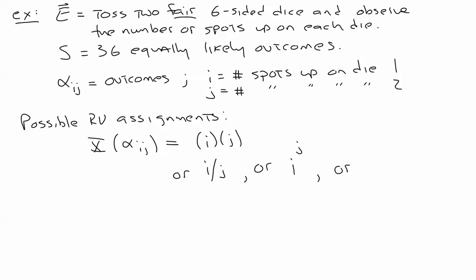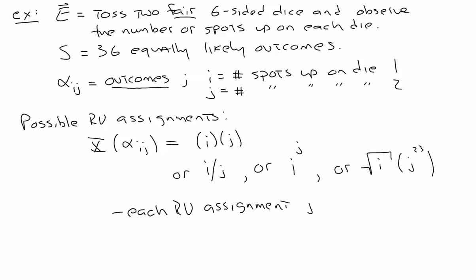Or, I don't know, something crazy. I could do the square root of i times j raised to the 23rd power. I don't know why on earth I'd want to do that, but I could do that. In all cases, I end up with a real number. I take an observed outcome, and I do something with my observation and assign a real number. Each of these are real numbers.